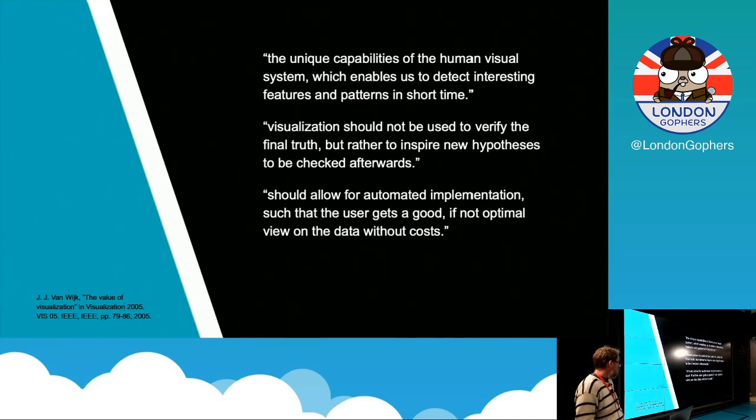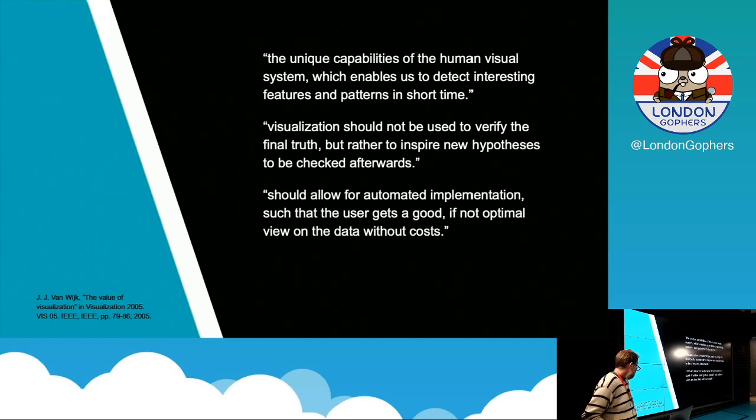The second point, which I tried to emphasize earlier, is that the value of visualization isn't in learning something you know already. It's about building new ways of thinking and finding solutions or ideas or problems that you didn't even know about before.